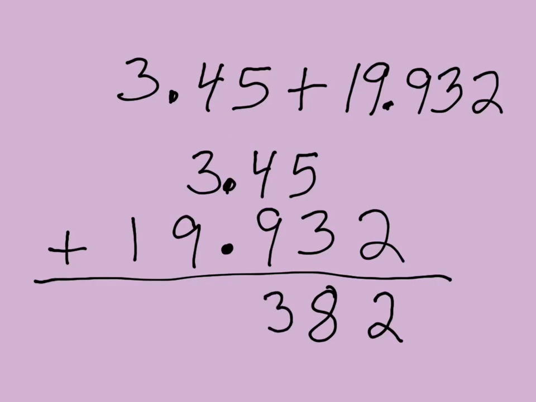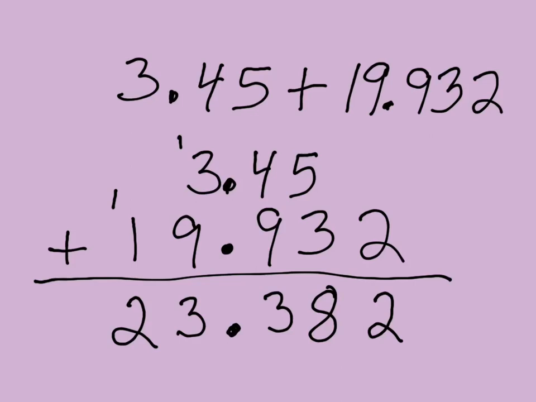So we're going to write the 3 there and carry the 1 right in our decimal because that goes there. And now we have 1 plus 3 is 4, plus the 9 is 13. Carry the 1. And 1 plus 1 is 2. And so we have 23.382. That's how we add decimals.